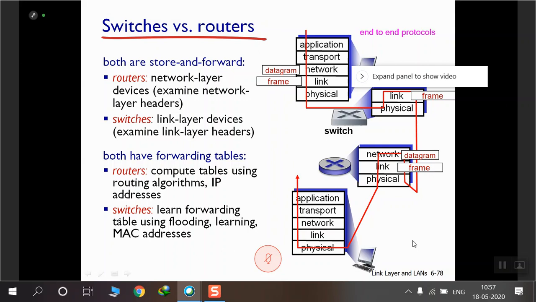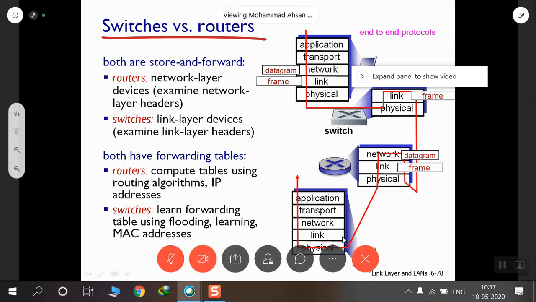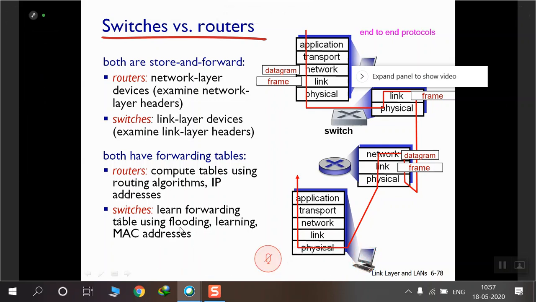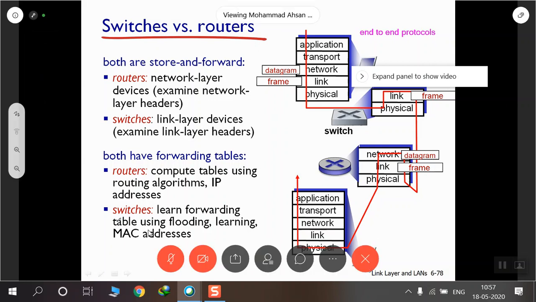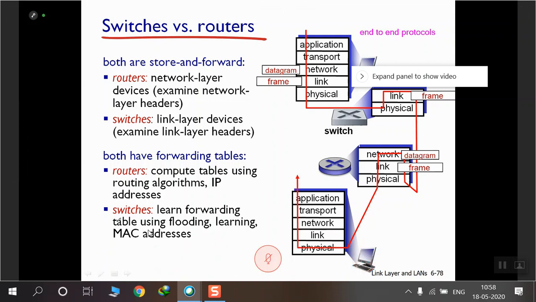We have multi-interface bridges known as switches. This is the place where you connect. A switch would be 8 port, 10 port, and so on. Sorry, typically it's 8, 16, 32, and so on. A bridge would have a small number of interfaces like 2 or 4, and a switch can have dozens.